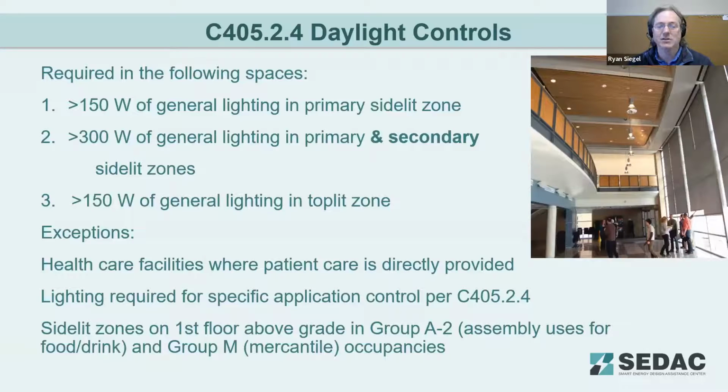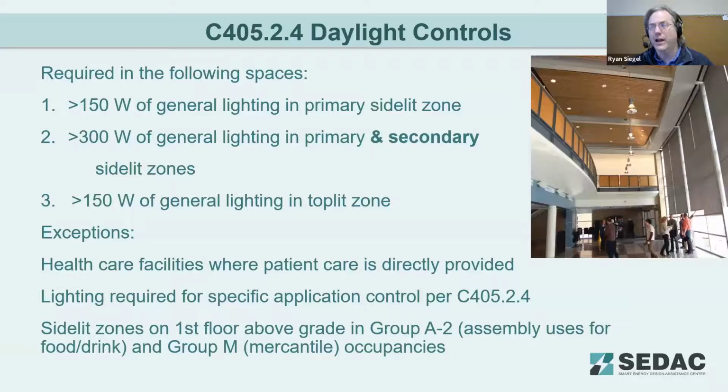So if any of these 3 triggers are met, then you have to have daylight harvesting controls, unless you use that exception. There are a few spaces that they specifically exempt. One of them is healthcare facilities where patient care is directly provided. That would not necessarily mean it applies to the entire healthcare facility, but only those spaces where patient care is directly provided. So that's something to be aware of.